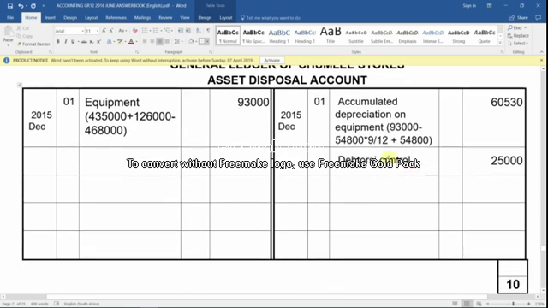And now we need to see which side is bigger. We have 93 versus 60 plus 25 is 85. We still need something on this side. Okay, so the bigger side is the 93,000. So our total is 93,000. And now we will have to subtract from 93,000 the 85,530.